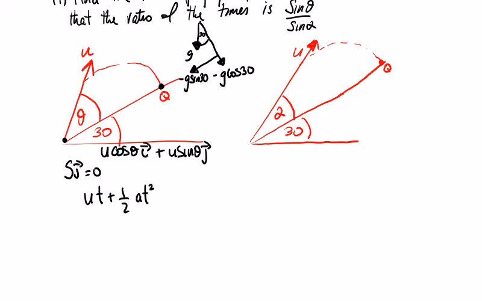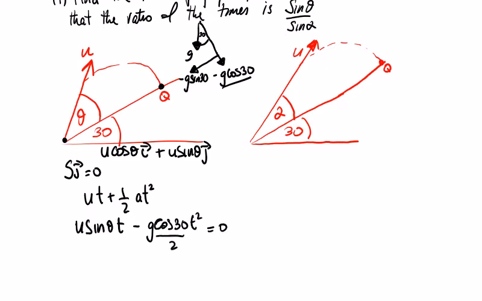So in the j direction, u sine theta times t, minus my acceleration in the j direction, g cos 30, by t squared over 2, and that's equal to 0.